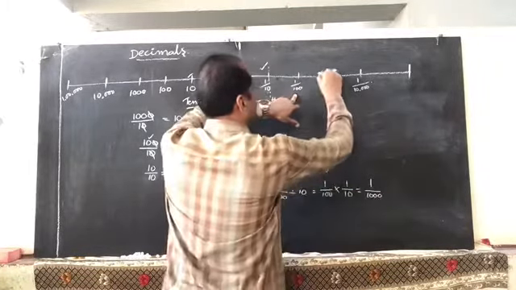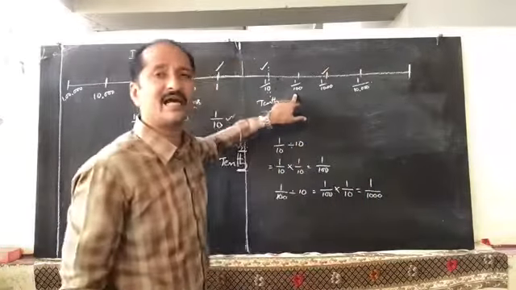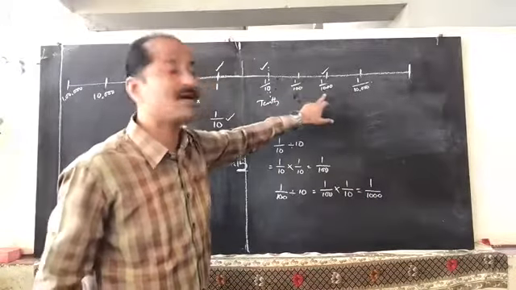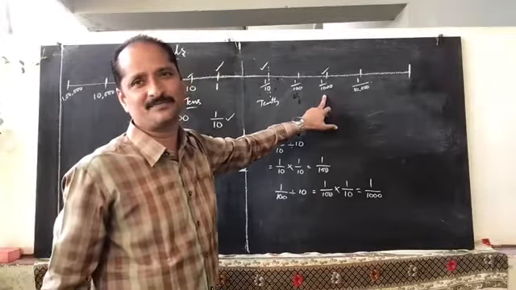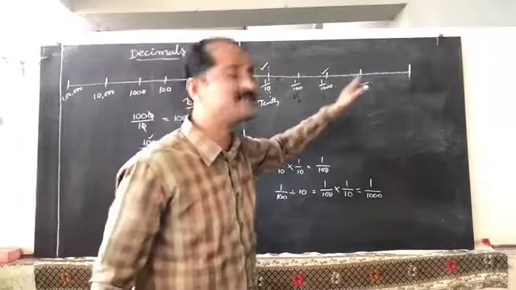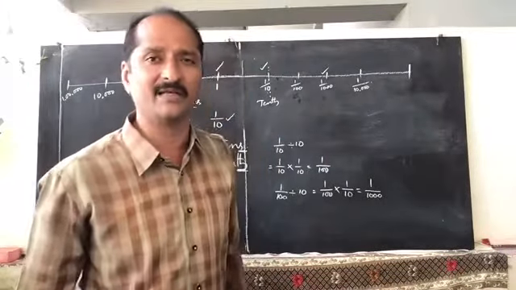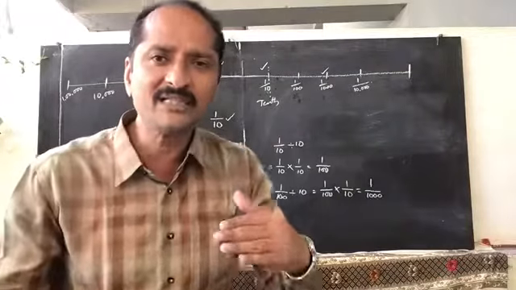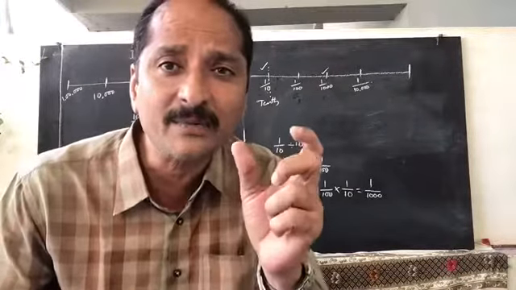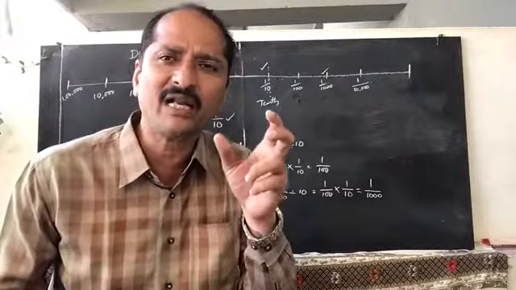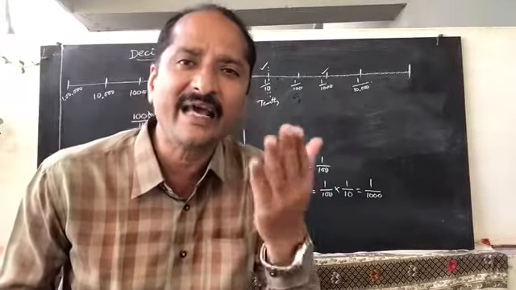So that is 1 by 1000. The next lower than 100th place is 1000th place. Like that, the next lower than 1000th place is 10,000th place. Next lower than 10,000th place is 1 lakh place. Next lower than 1 lakh place is 10 lakh place.